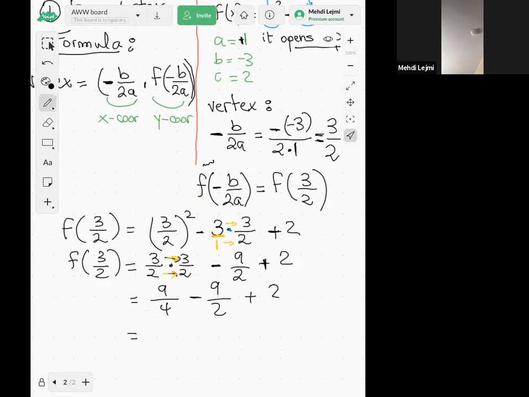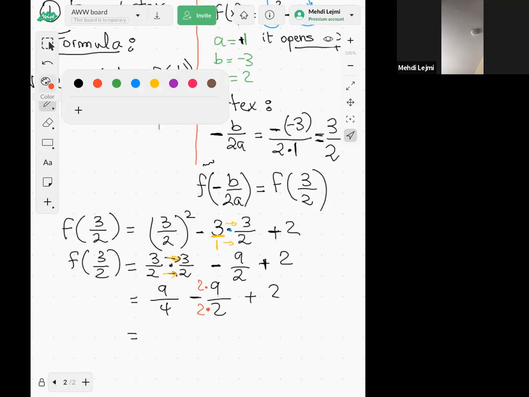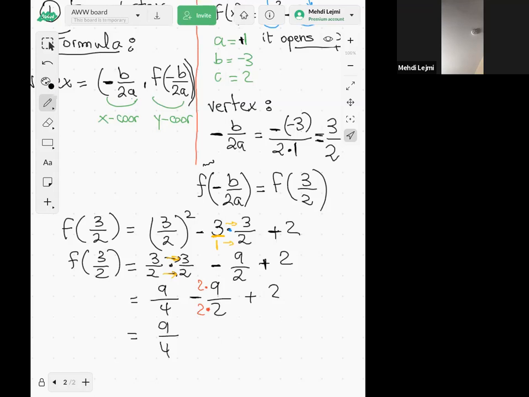So I have a subtraction of fractions, 9 over 4 minus 9 over 2. I need the common denominator, and the common denominator would be 4. So I have to multiply here by 2 and here by 2. So we're going to have 9 over 4 minus 18 over 4 plus 2.